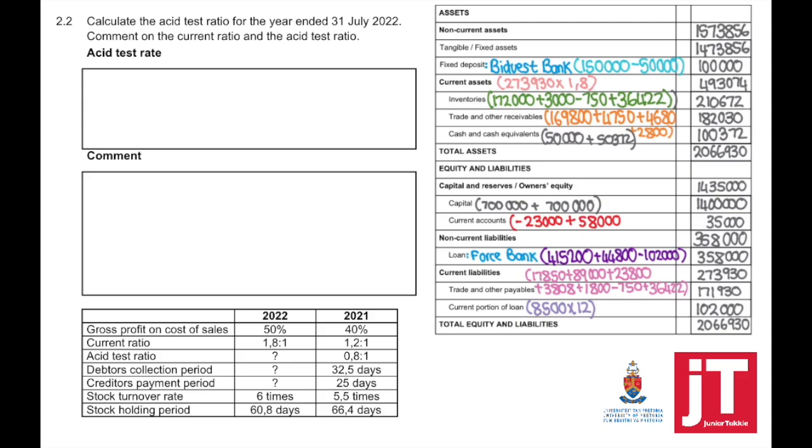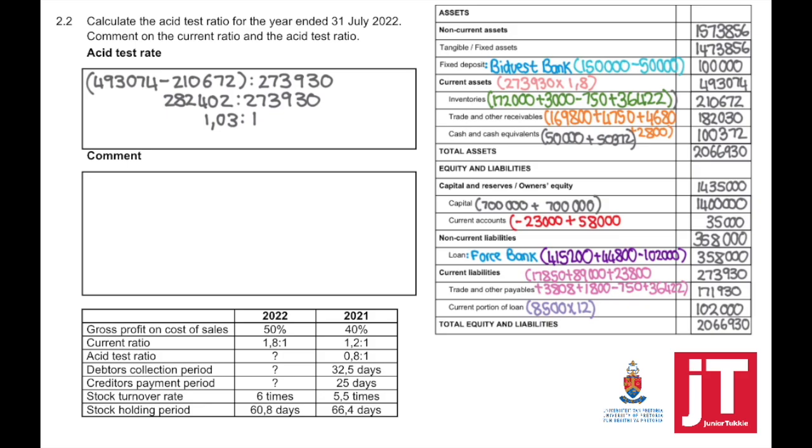To calculate the assets ratio, it's your current assets minus inventories divided by your current liabilities. Or you can take your trade and other receivables plus your cash and cash equivalents divided by the current liabilities.